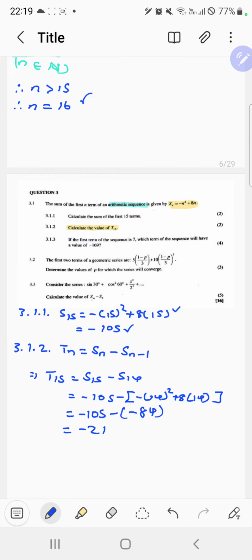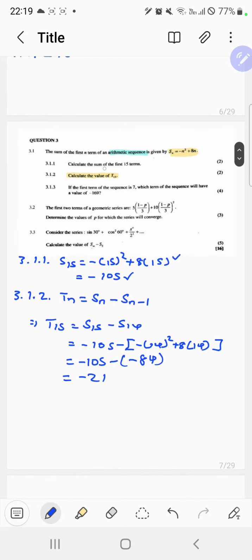Okay, not a problem. Yeah, it's minus 21. All right, guys, so this is it. It makes logical sense. If you add 15 terms you get minus 105, then if you add 14 terms you get minus 84.